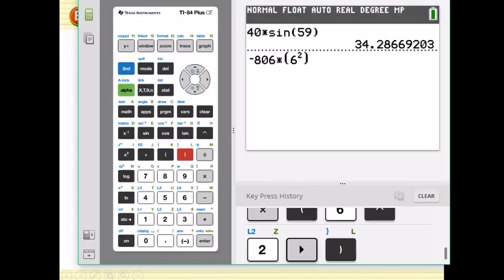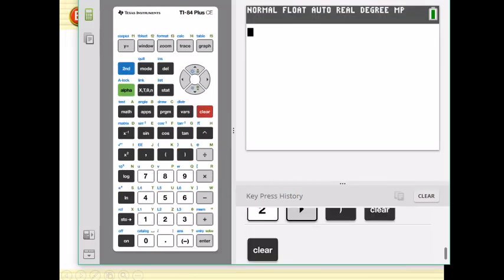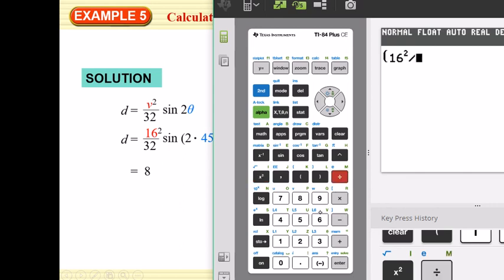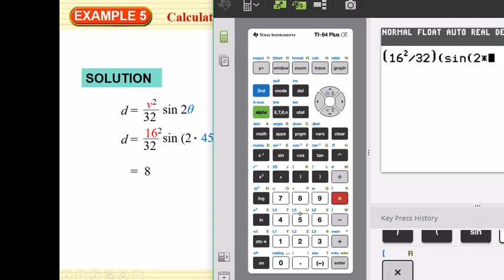When you type it all in, use some parentheses. So I'm going to have 16 squared divided by 32, close that in its own set, and then I'm going to have the sine of 2 times 45, or you might just know that that's 90.